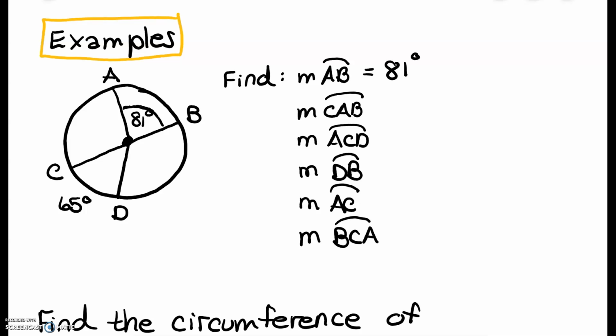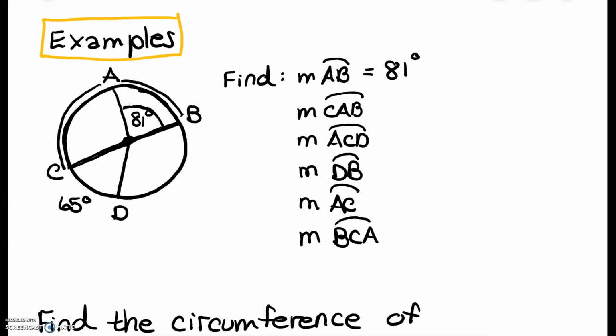Now, sometimes we name arcs with 3 letters, and that is to distinguish between two different arcs on the same circle. So for this arc, I'm looking at CAB, which is this part from here to here. And I know this is 180 degrees because CB goes straight through the diameter and cuts my circle in half.